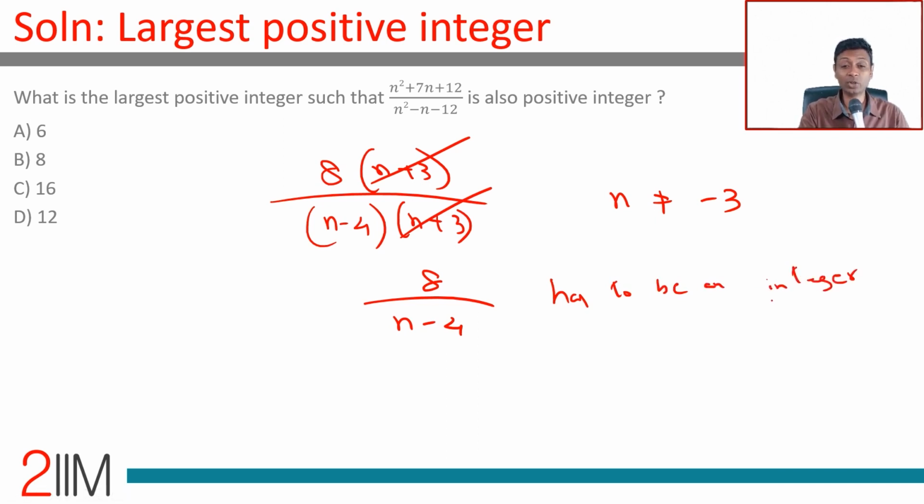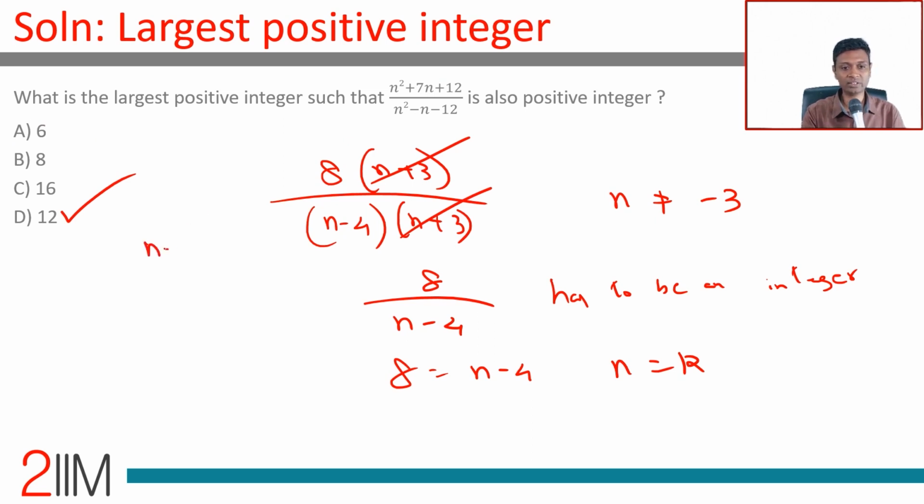So the best case scenario, this is equal to 1. That's when n will be as high as possible. If you put 8 equals n minus 4, n is 12. If n were any more than 12, 13, 14, 15, 16, this will become a proper fraction, a positive proper fraction, and it will not be an integer, so the largest value n can take is 12.